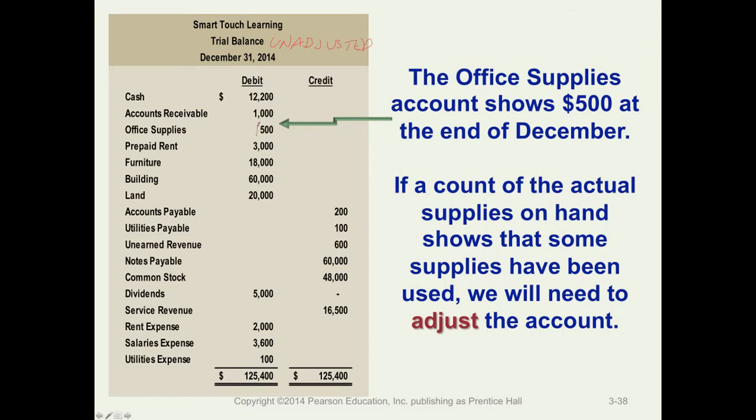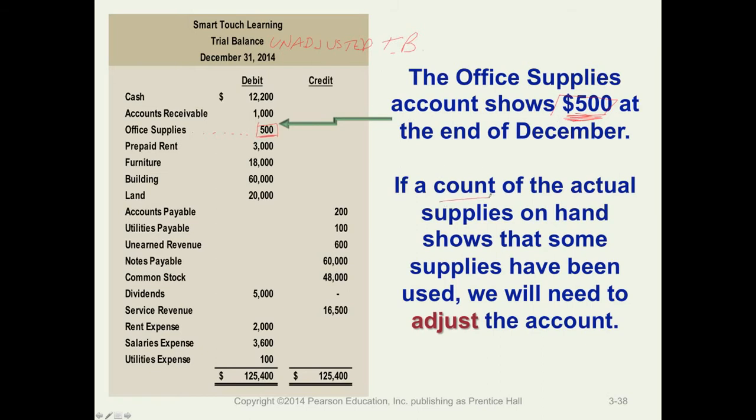And as I said earlier, this $500 was the original amount of office supplies that you purchased. And remember, this is a 2-month period, so that Smart Touch began operations in, this is the unadjusted trial balance. They began operations in October. They bought these supplies, and now at the end of December, it's likely that $500 of supplies no longer exists.